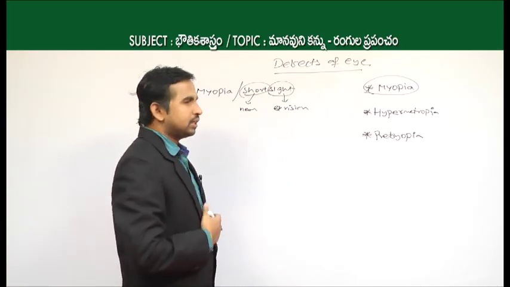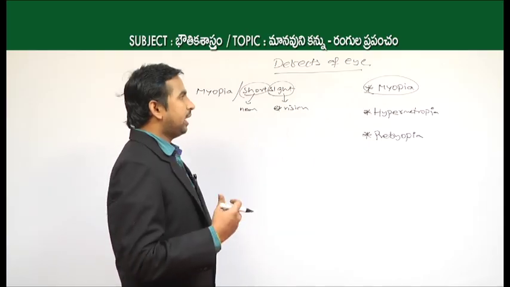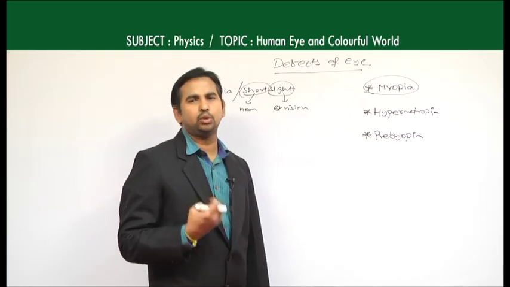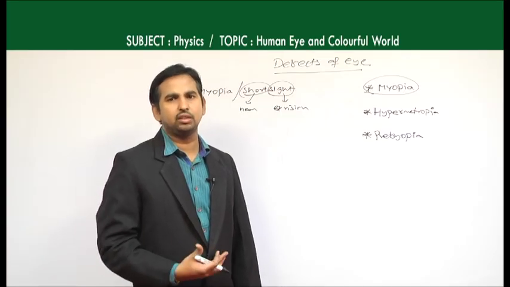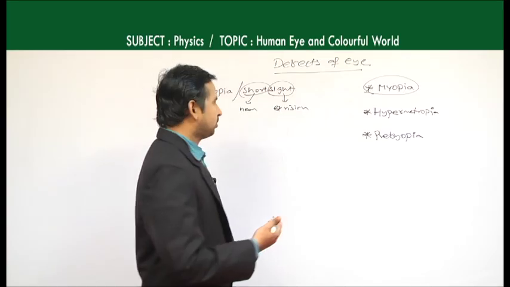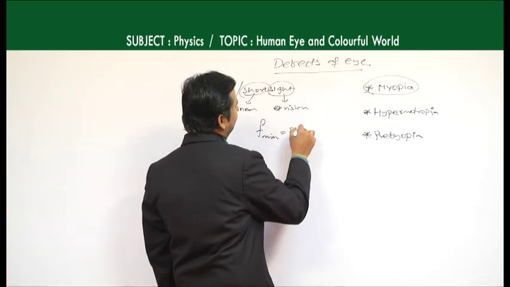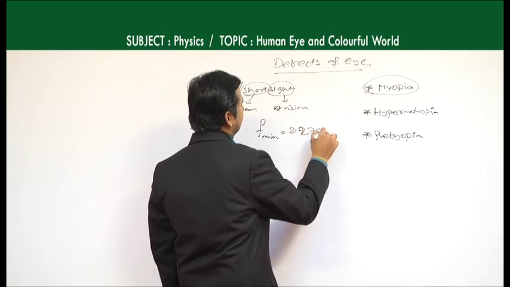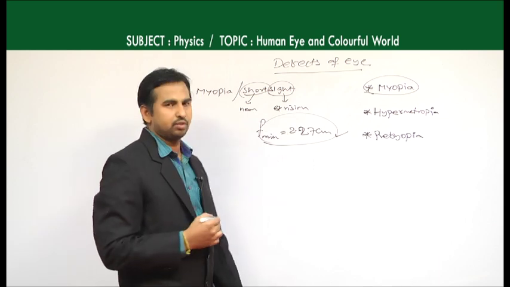Now, as we can see the near distant objects very clearly, our eye lens and ciliary muscles do not have any problem there, which means the minimum focal length of 2.27 centimeters is managed. There is no problem adjusting to 2.27 centimeters.